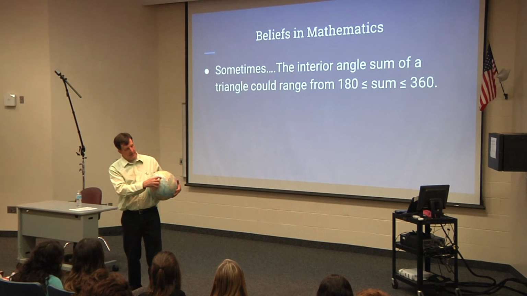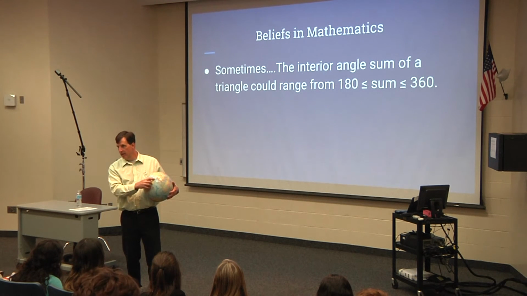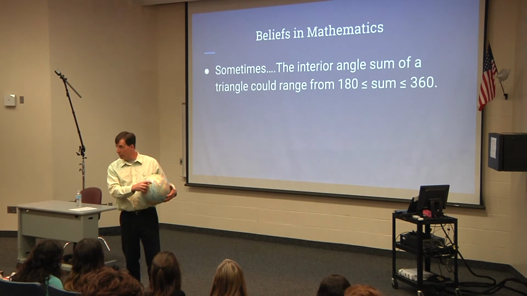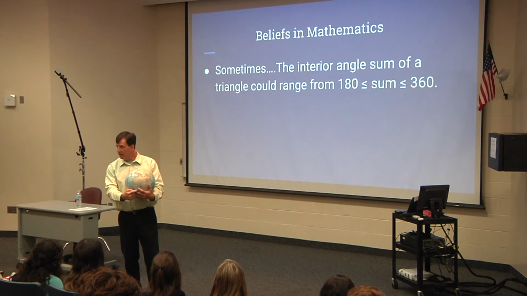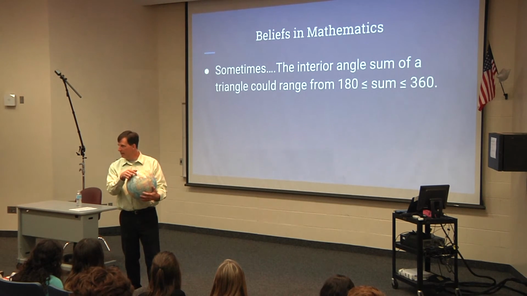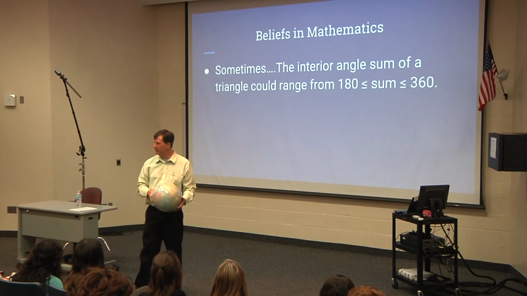So what's the angle up on top? It's 180, or a little less than 180, because if it was 180, I would not have a triangle. 90, 90, almost 180. A little less than 360.